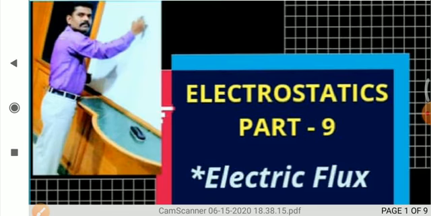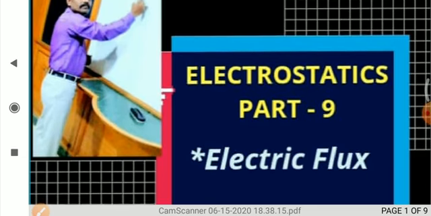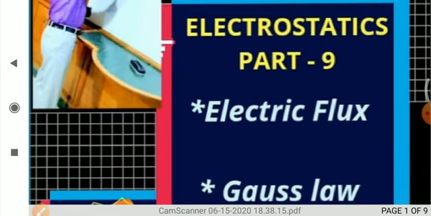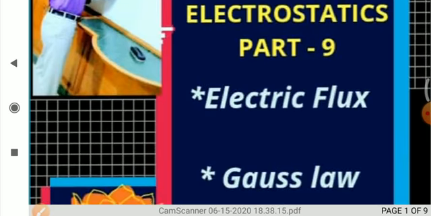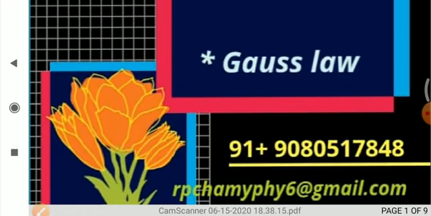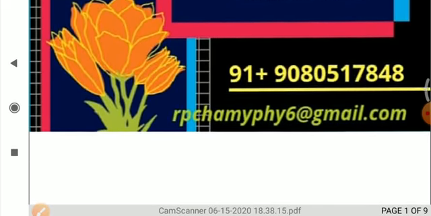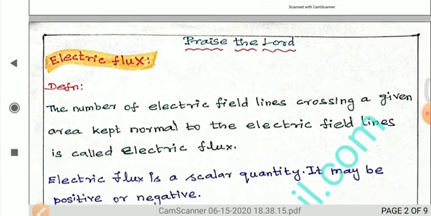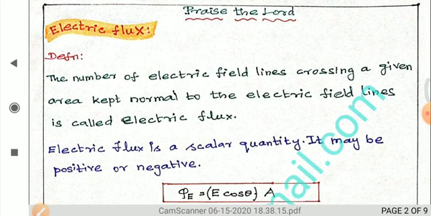In the previous cases we have discussed electric field due to a single point charge or more than one point charge, or electric field due to a dipole. Now in this video we are going to discuss what is meant by electric flux.